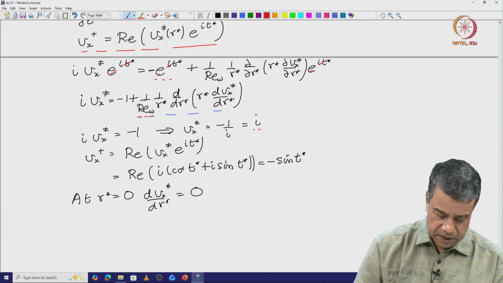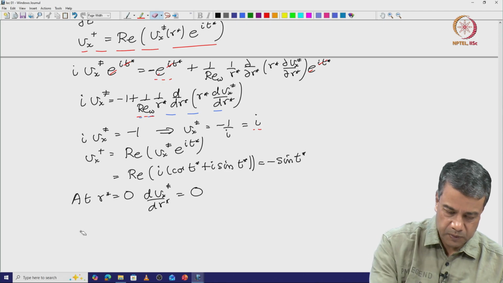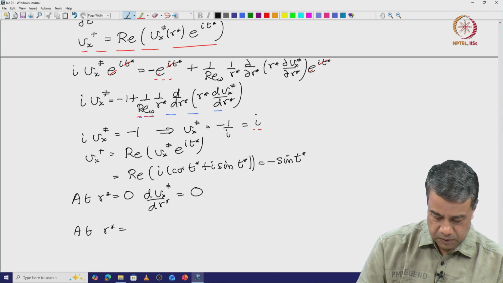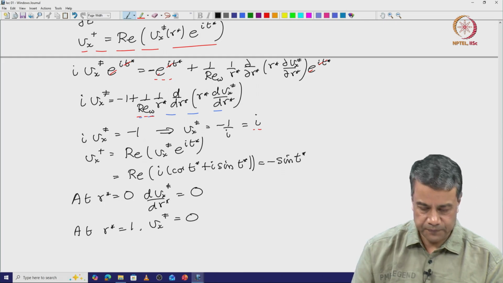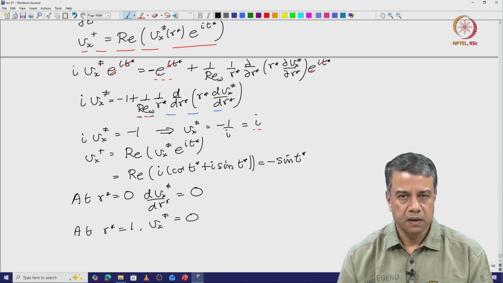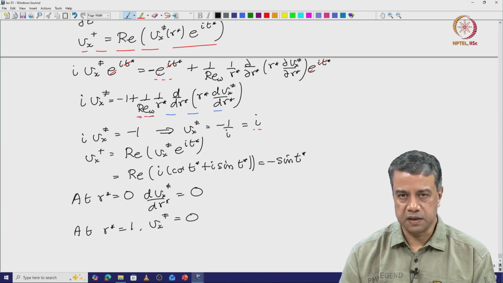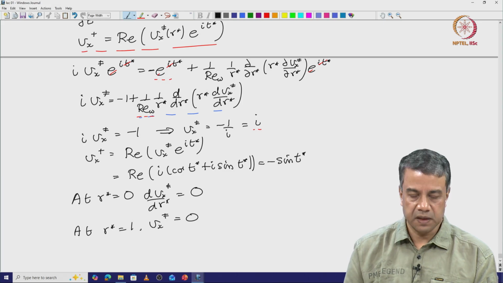Second is at the surface, at the wall of the pipe at r star is equal to 1, Vx double dagger is equal to 0. This boundary condition obviously cannot be satisfied because I do not have any constants in the solution.